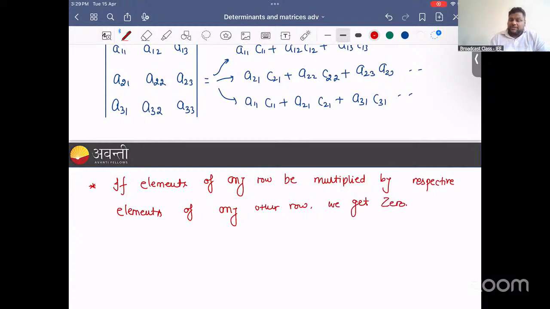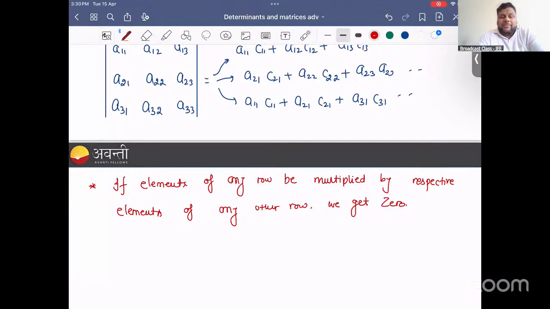If elements of any row be multiplied by the respective cofactors of any other row or column, we get the value 0. Am I clear? So now 2 points came into the picture. If elements of any row be multiplied by the respective cofactors of the same row, you get the value of the determinant.